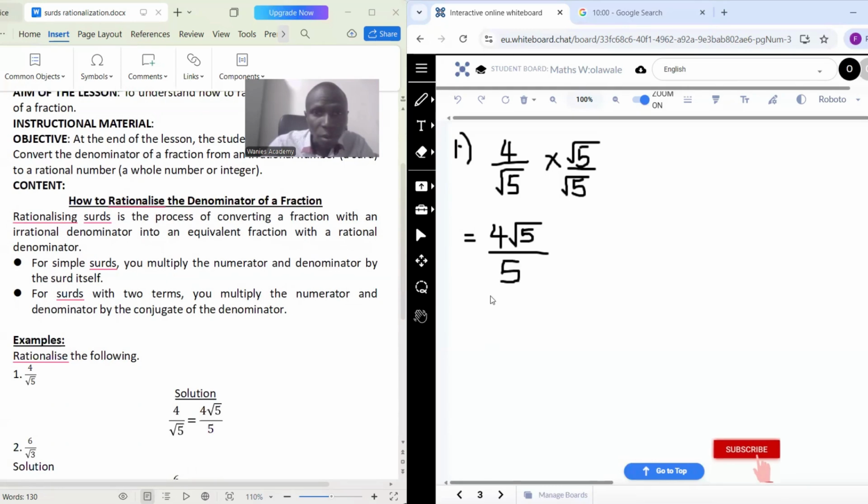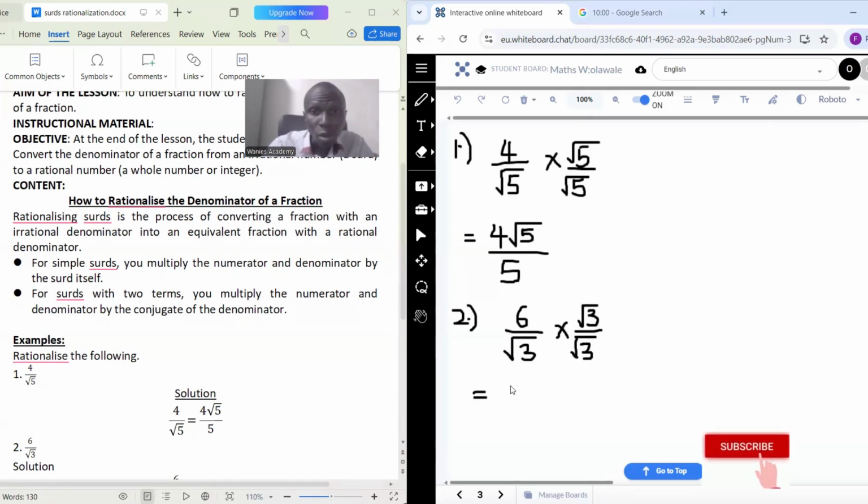Go to the next example. Here we are asked to rationalize the denominator. We have 6 over the square root of 3. So you multiply the numerator by the square root of 3, then also multiply the denominator by the square root of 3.